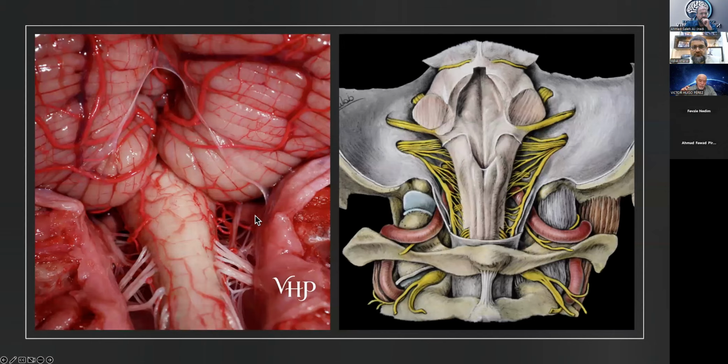Once the vertebral artery enters the cavity of the skull base, it gives rise to this artery, the posterior meningeal artery. This is very important because it is going to the posterior aspect of the spinal cord and also the posterior aspect of the medulla oblongata.